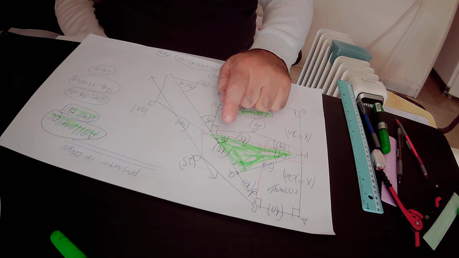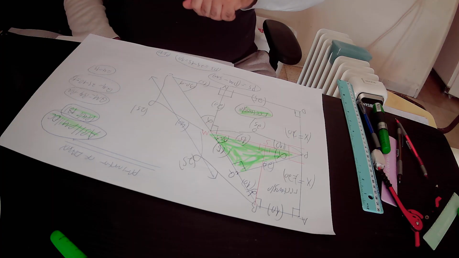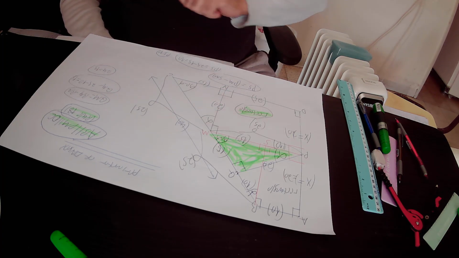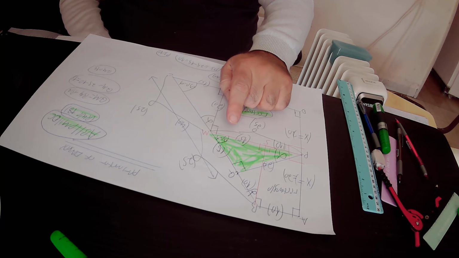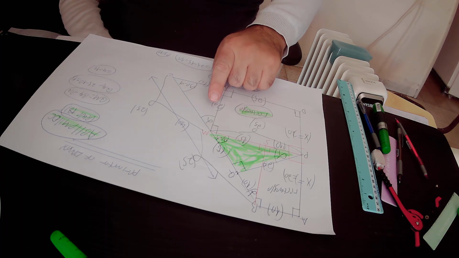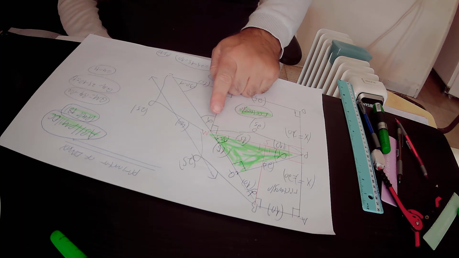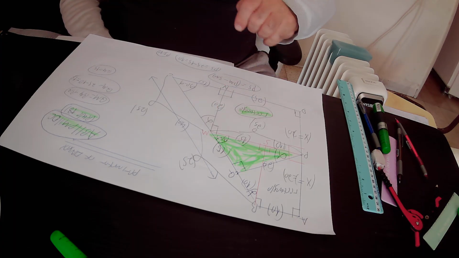This angle is equal to 90 degrees minus alpha, this angle equals alpha. Now, in total they must be equal to 180 degrees according to rule 3. 90 degrees minus alpha plus alpha is 90 degrees, so 90 degrees plus this missing angle in total must be equal to 180 degrees according to rule 3. Therefore, this missing angle must be equal to 90 degrees.